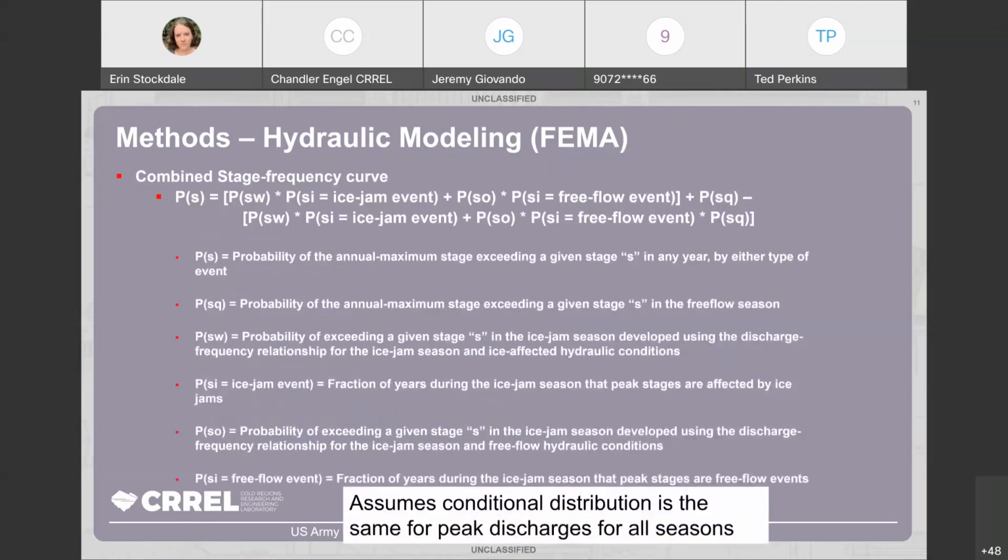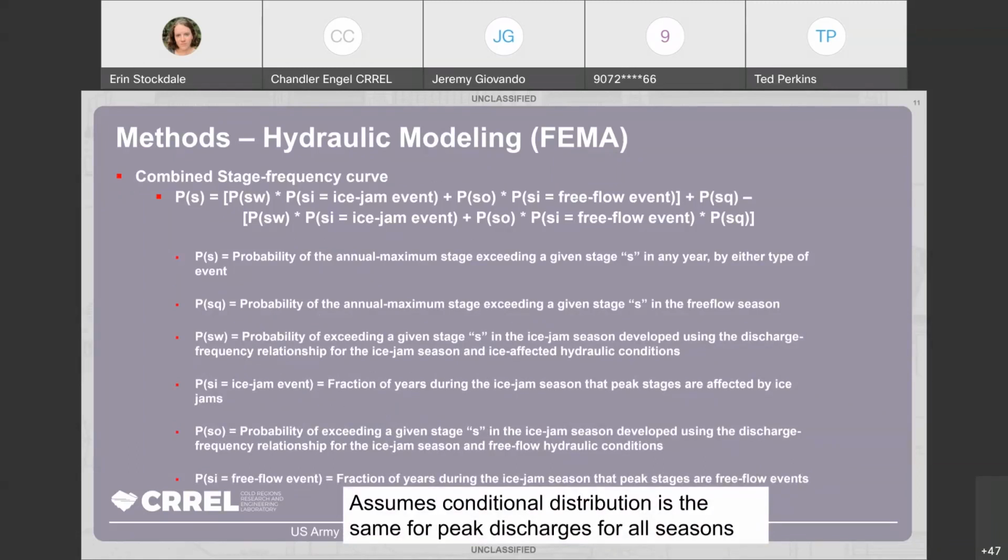Here's the combined stage frequency curve specified by the FEMA method. Again, this takes a little bit of studying just to make sure everybody knows the terms and exactly what variables they're using. The main thing I wanted to point out here, and this is spelled out pretty clearly in the FEMA documentation, is that it assumes the conditional distribution is the same for peak discharges for all seasons.